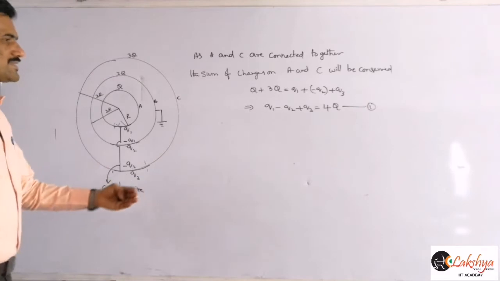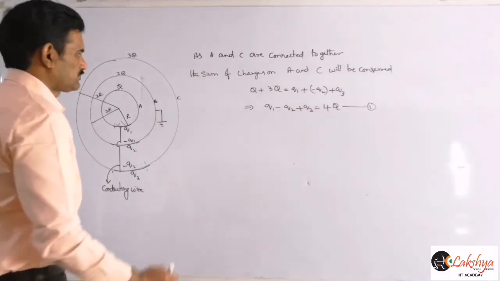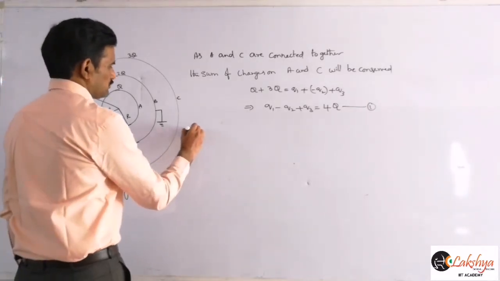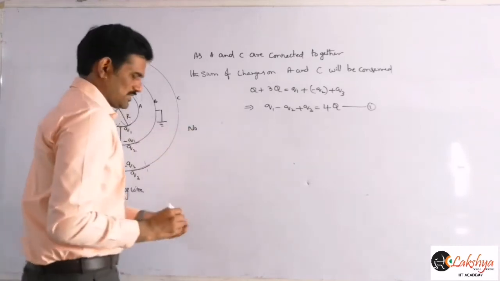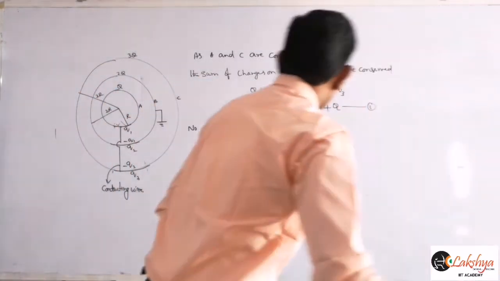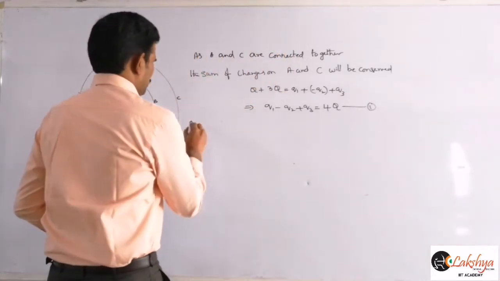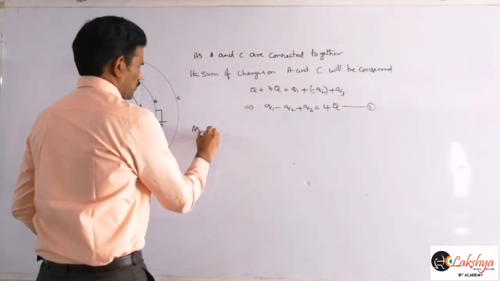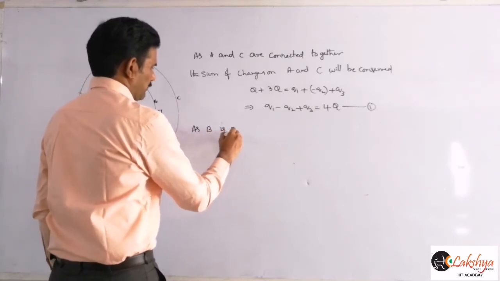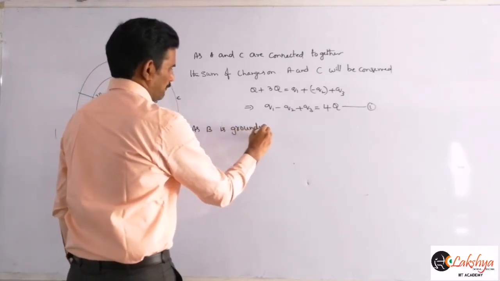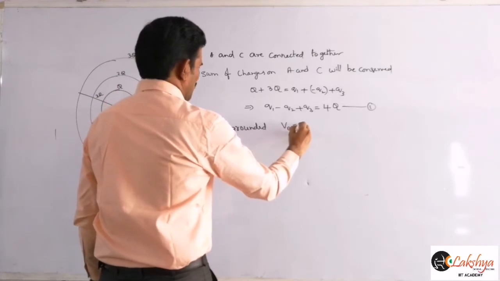Next let us write the potential of B. As B is grounded, its potential should be 0, so VB should be equal to 0.